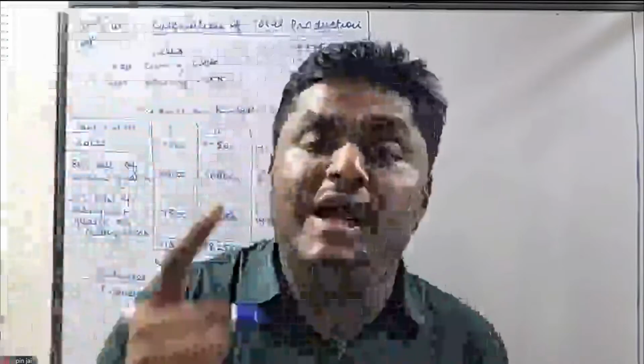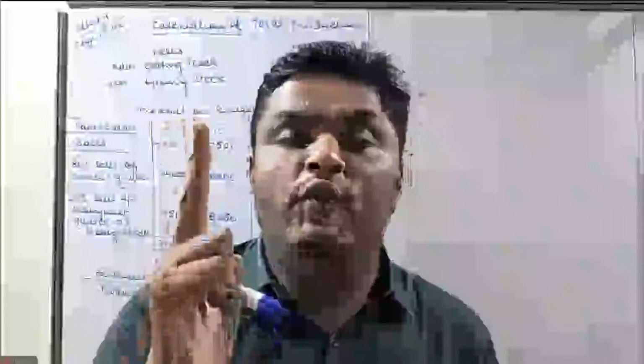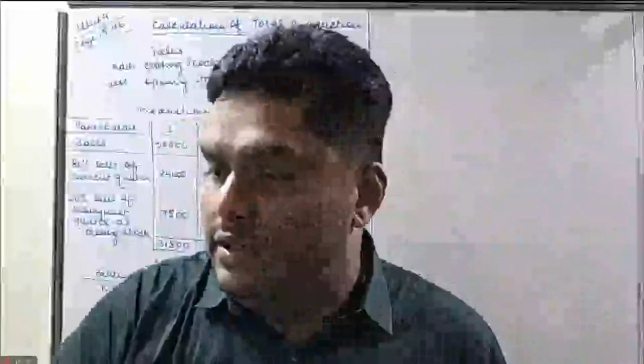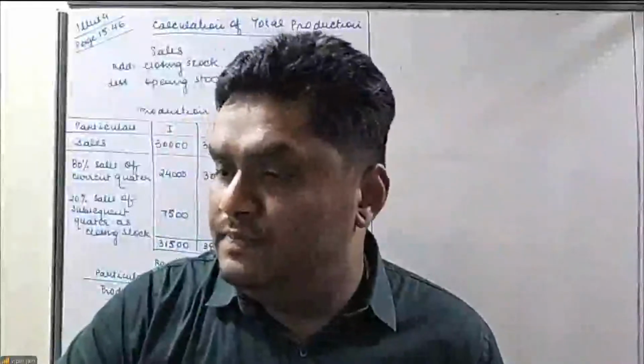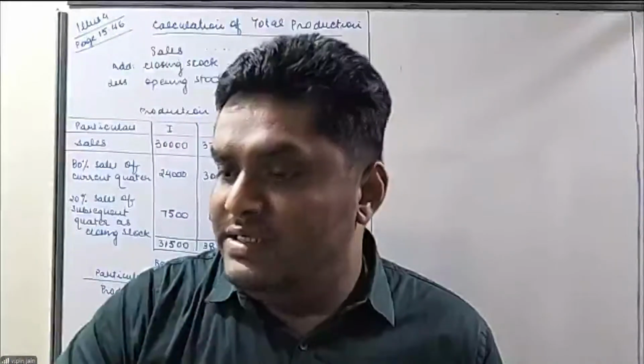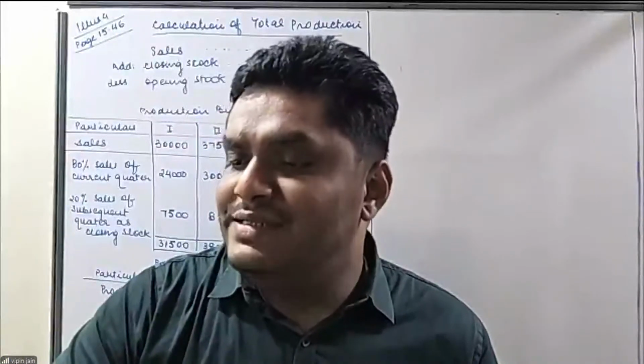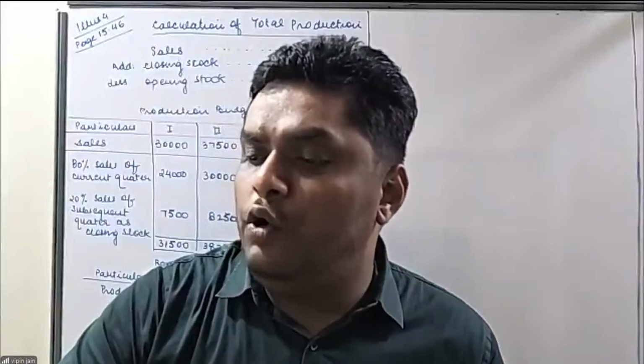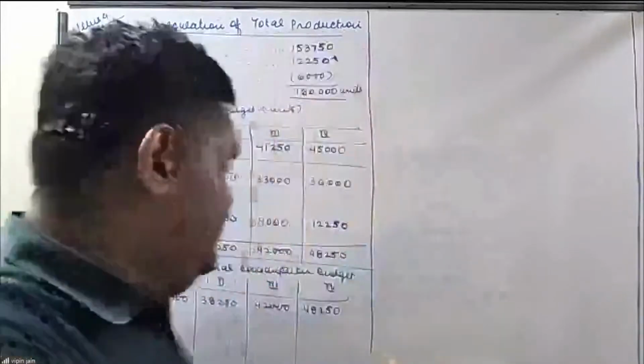So here we have the quantity produced, that is the finished output manufactured. Now it is given that for every final product, we have to use 2 kg of raw material. See here and read the question, the second paragraph, the last line: each unit of finished output required 2 kg of raw material.